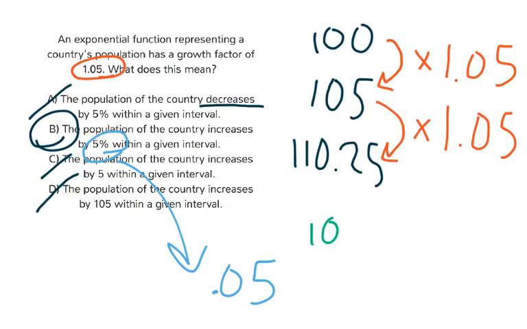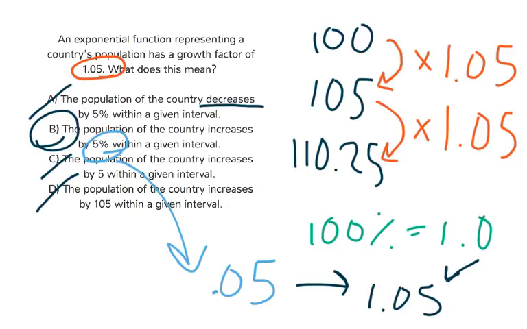So 100% equals 1.0. When we add those two things together, that's how we get our 1.05. So we take the whole 100%, and then we know that it's increasing by 5%. So B is my answer there.